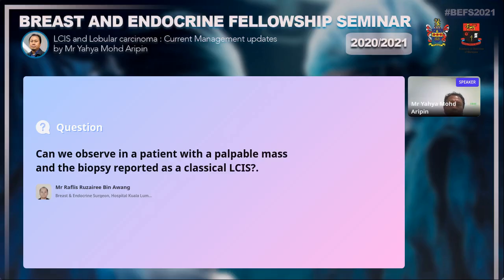You should be highly suspicious that this is not the ordinary classical LCIS. They must have something else. You should seriously consider excision of this lesion.